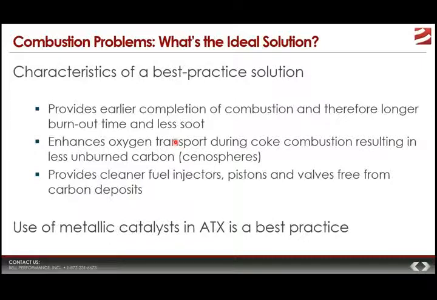That enables you to burn more of those unburned carbon cenospheres that we saw earlier. And it should clean fuel injectors and pistons, keeping them free from carbon deposits. So generally speaking, when you're considering what is available to do these things, you're moving into the realm of metallic combustion catalysts, the kind of metallic catalysts that are present in the ATX marine fuel oil treatments.